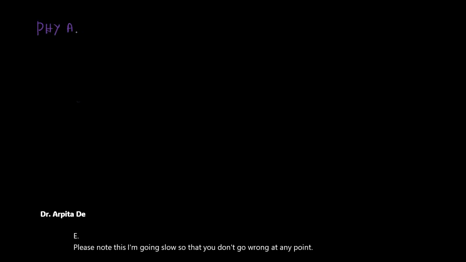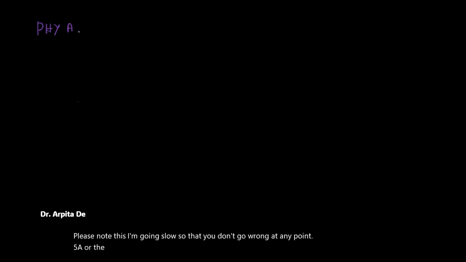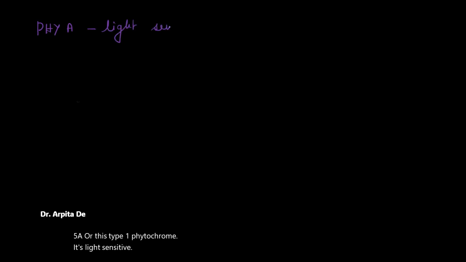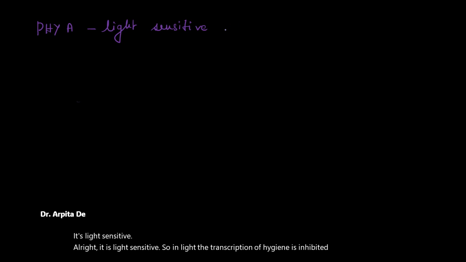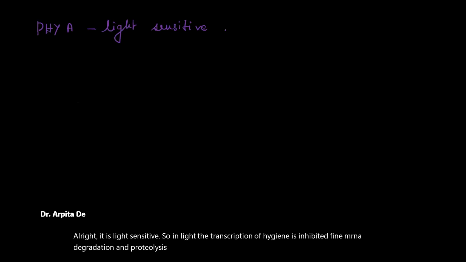PHY A, or the type 1 phytochrome, is light sensitive. So in light, the transcription of the PHY gene is inhibited. Now mRNA degradation and proteolysis take place, and type 1 phytochrome mainly functions in the dark.